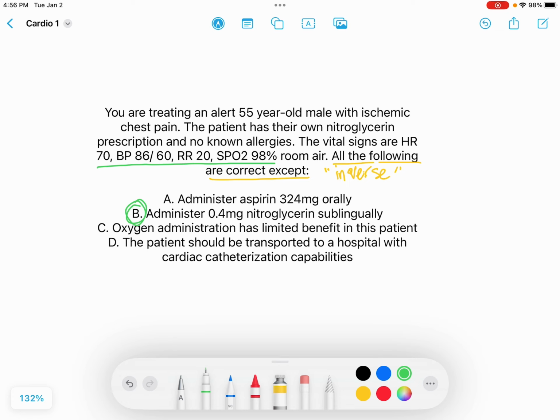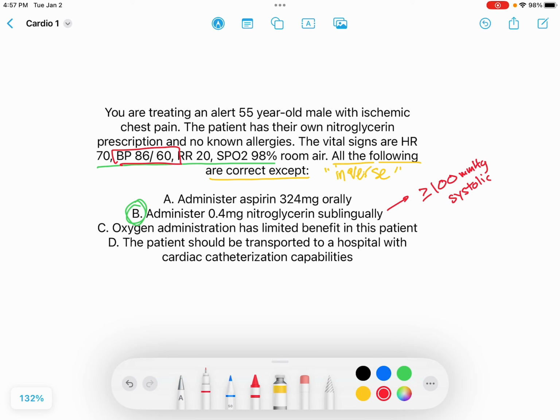So we can see here that this blood pressure is not great. This patient's hypotensive. And a general rule of thumb with nitroglycerin is they need to have a blood pressure greater than or equal to 100 millimeters of mercury systolic. So their top number needs to be at least 100. And it's not. So we don't want to make them worse.